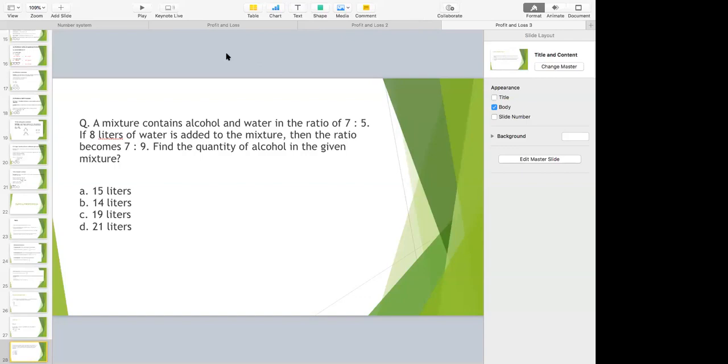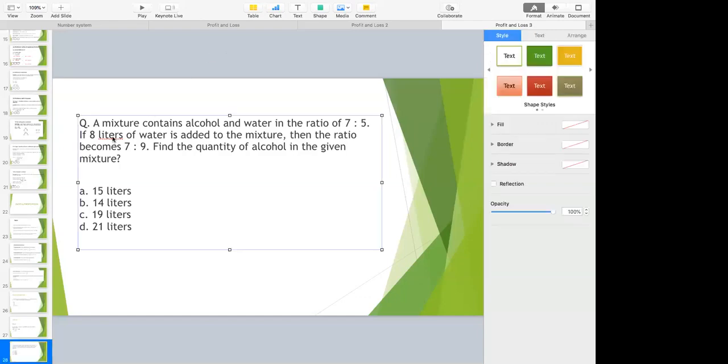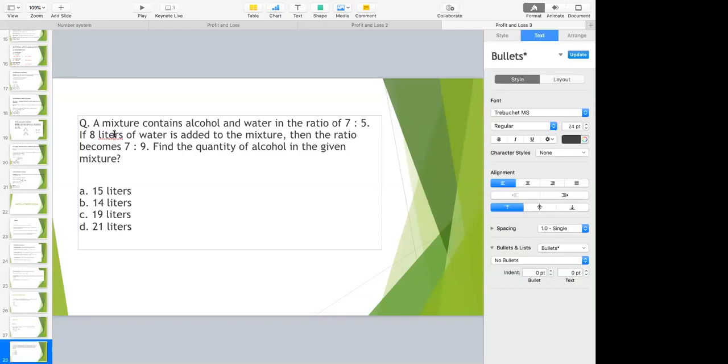Initially, the mixture was having alcohol and water in some ratio. It means there was some quantity of alcohol and some quantity of water. And to this mixture, 8 liters of water is added. So the quantity of alcohol has not changed.